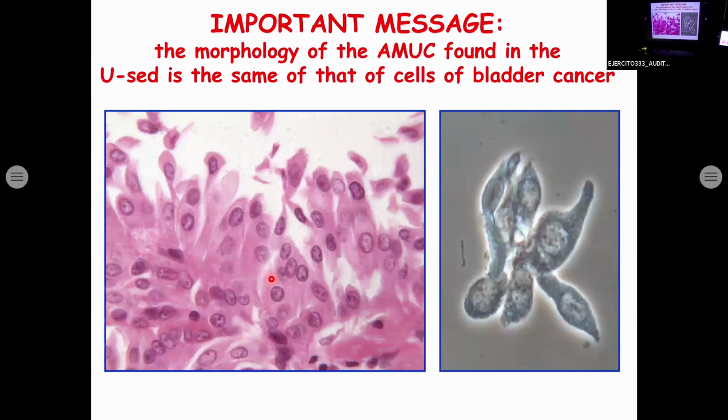And in fact, look, what we have found in the bladder wall is very similar to what we have found in the urine. So the urine sediment is not only a liquid renal biopsy, it is a liquid biopsy of the whole urinary system.